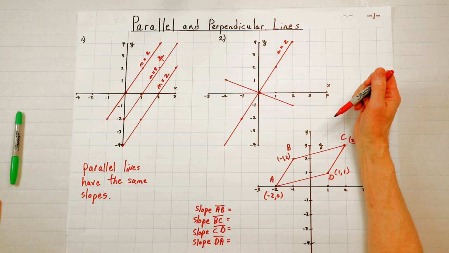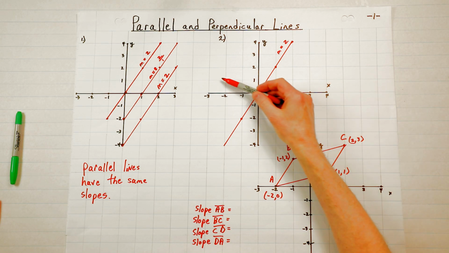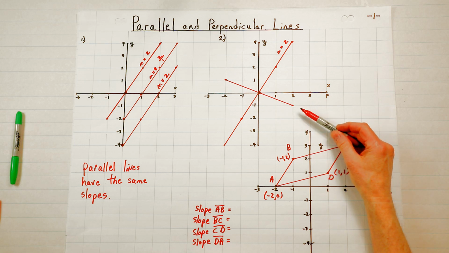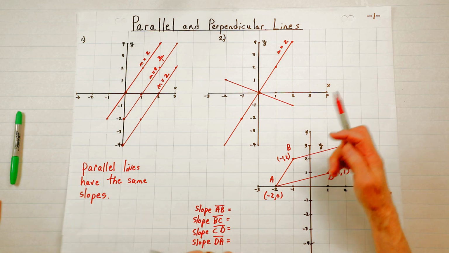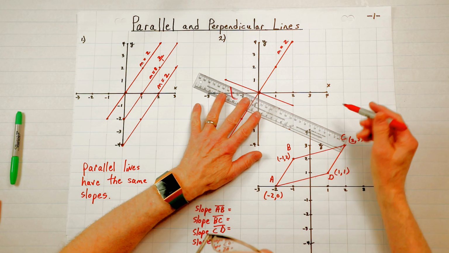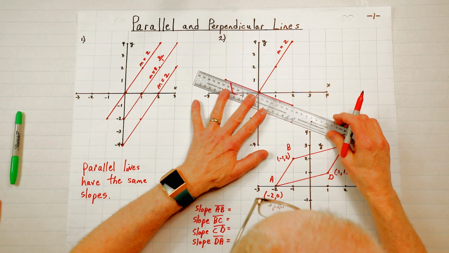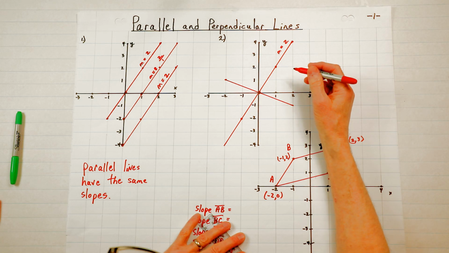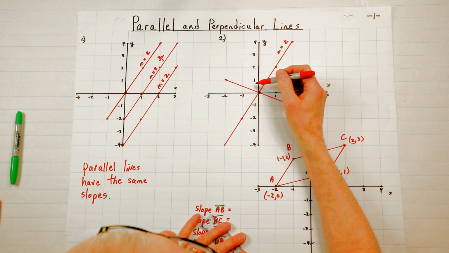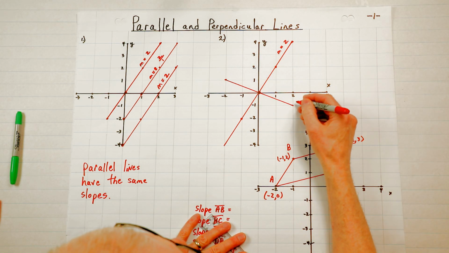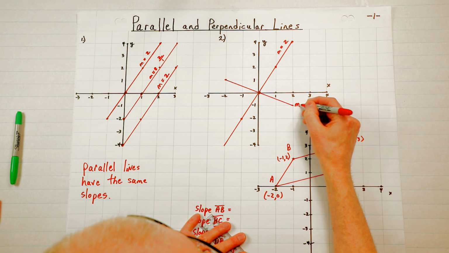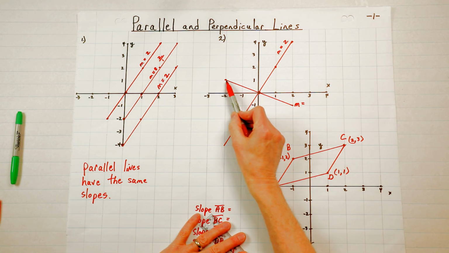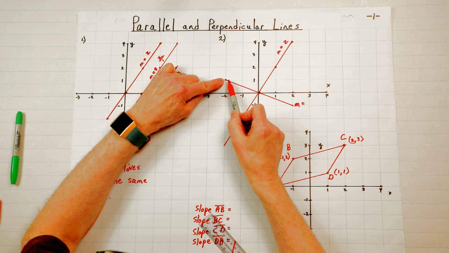Now let's look at the slope of the perpendicular line. Maybe I could make it go a little further down here. No, I don't have to. Okay, so what happens here with this slope? The slope of this line is m is equal to, let's start here and count spaces.